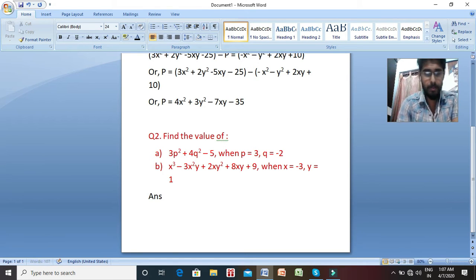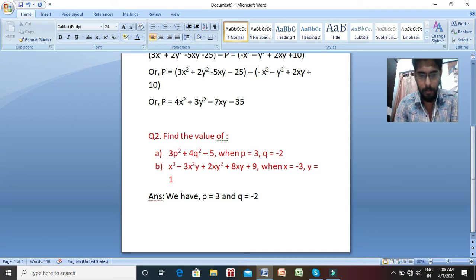So let's quickly go on with the answer for number 1. All we need to do is, instead of p, we have p equals 3 and q equals negative 2.